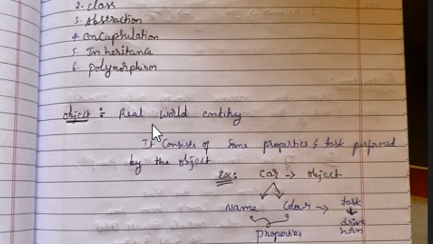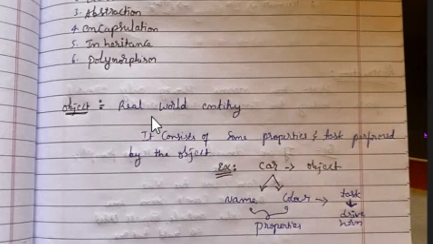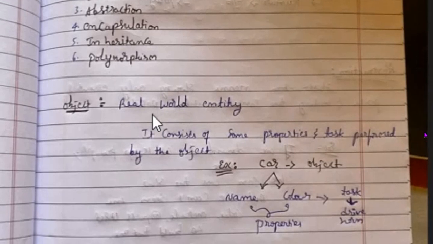A car has lots of properties like name of the car, brand of the car, color of the car, then design of the car, etc. And this car performs some tasks, like it is driven by humans, it can run, and for example we can wipe the glass with the wiper. These are all about the tasks. This is all about the object.